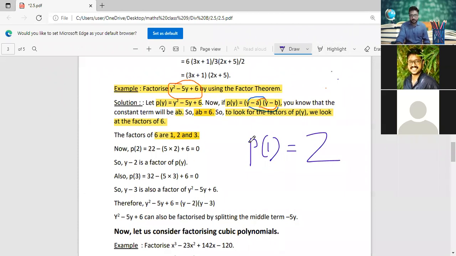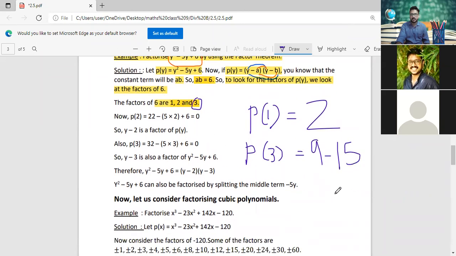Okay. Now, if we put the factor 3, then what will be the answer? P of 3. It will be 3 squared, which is 9, minus 5 into 3, which is 15, plus 6. It will give you that P of 3 is equal to 0, right? So we found out that P of 3 is 0.